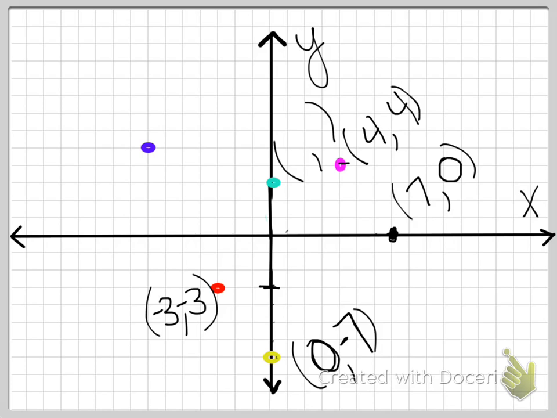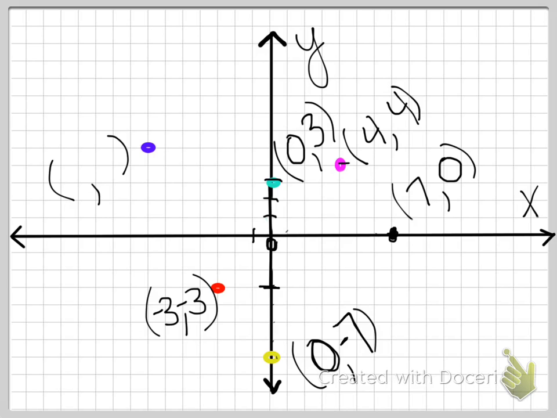So x comma y, again x. We don't go right or left, so I'm going to put 0 there, but we do go up. So we go 1, 2, 3, and so it is 0 comma positive 3. And the last one, the blue one over here, we're going to end up going left.